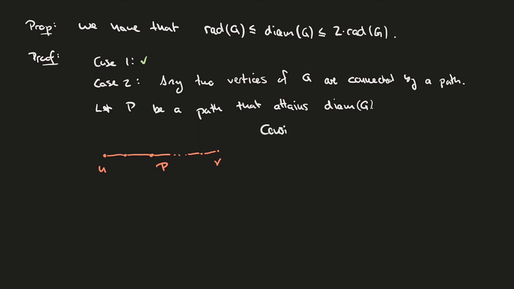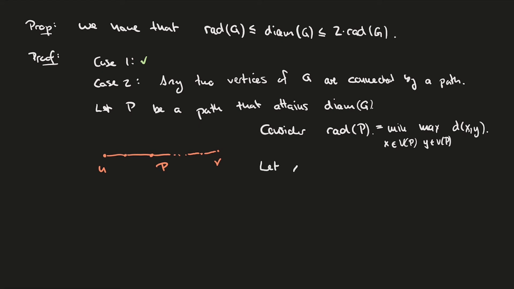We now consider the radius of this path P, which we know is by definition the minimum over all vertices x in the path of the maximum of all vertices y in the path of the distance between x and y.